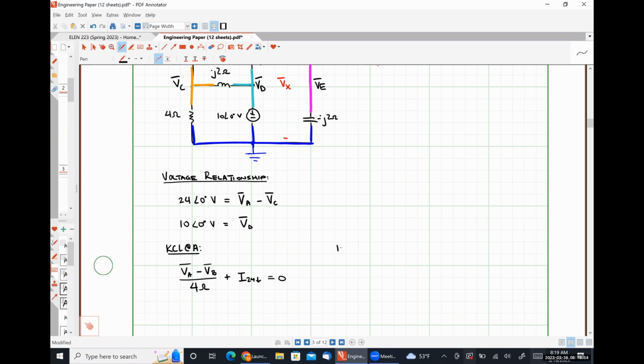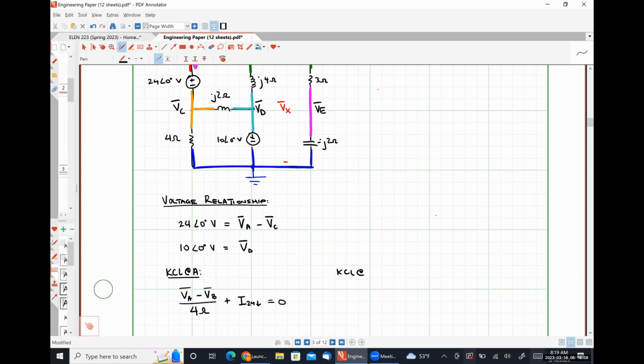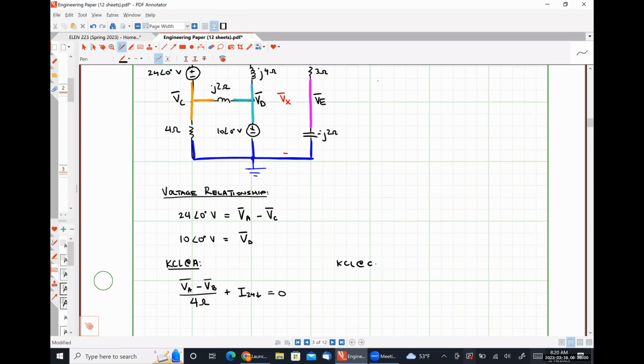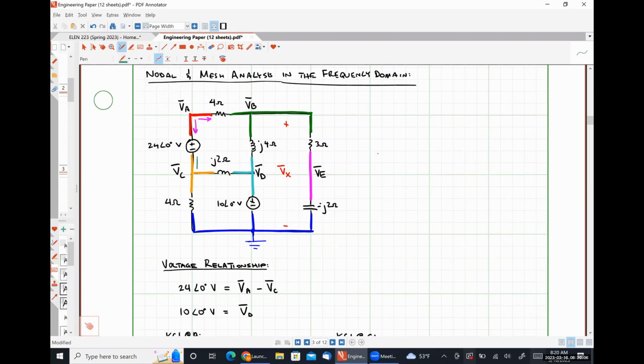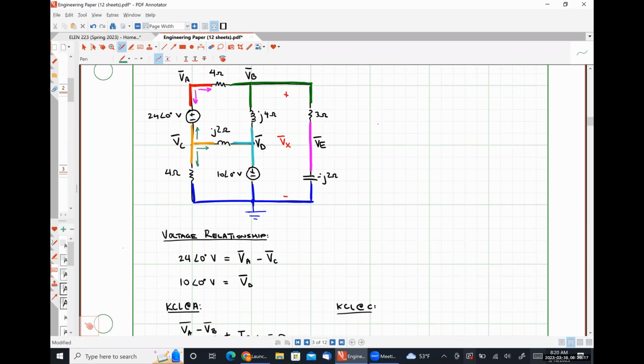Over here, I'm going to write a KCL equation at node C. So that's going to be this current plus this current plus this current, right? Let's do the ones that we can take care of first.